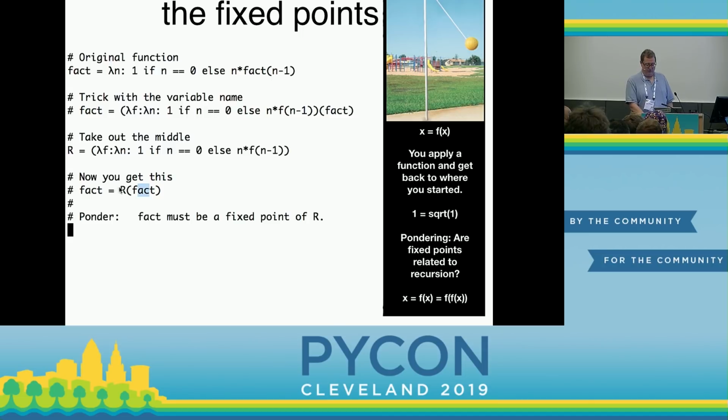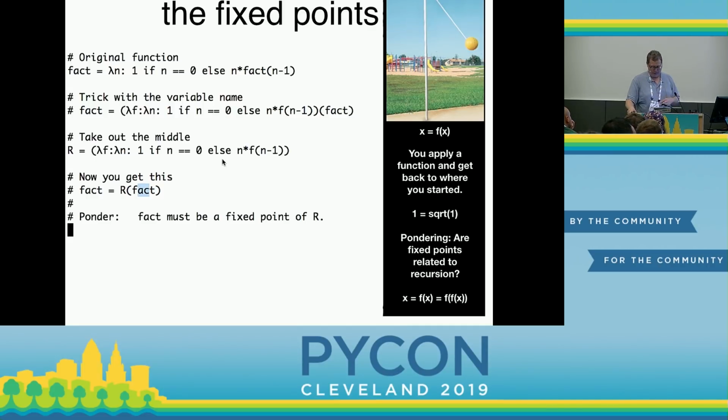So fact has to be a fixed point of whatever that R function is. Your head should be exploding a little bit here. I'm thinking of it just purely mathematically right now.